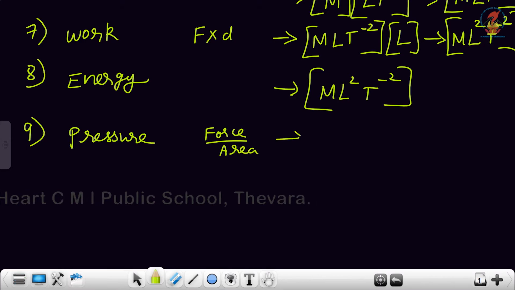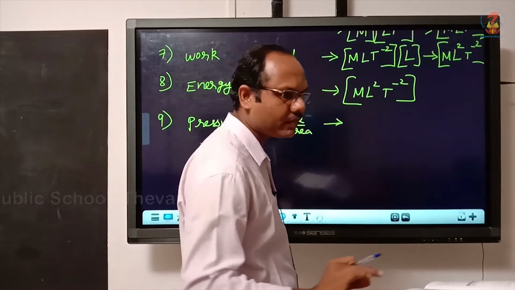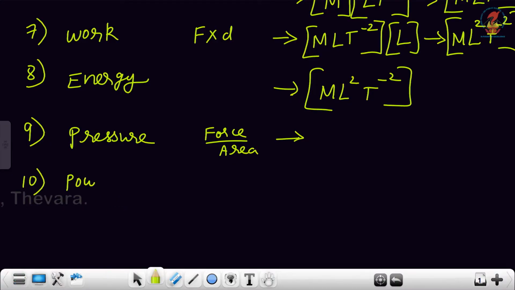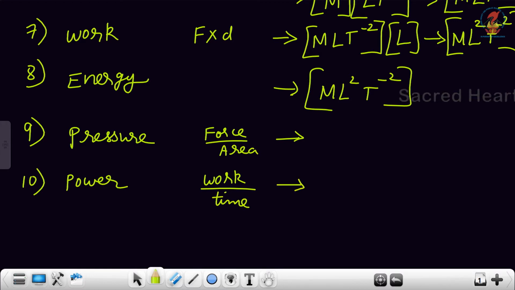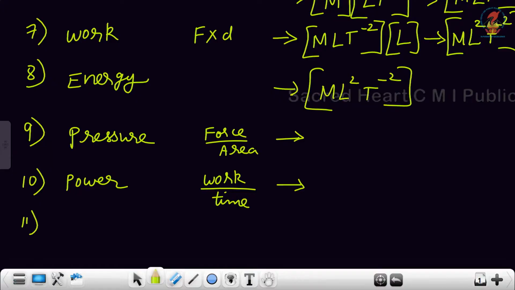Force by area. You can find the dimension by yourself. Then power. Power formula is work by time. Find it by yourself. Okay. Then comes impulse.